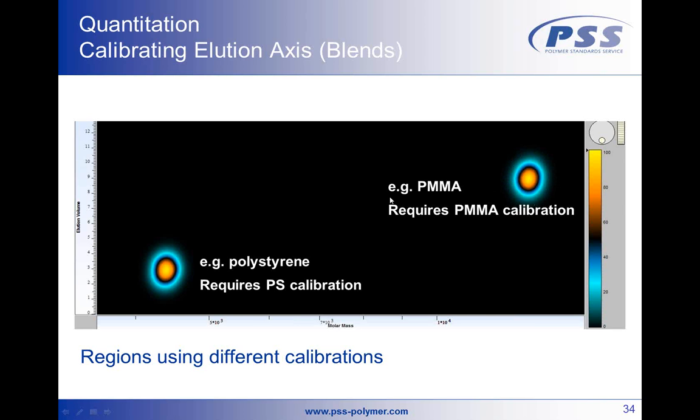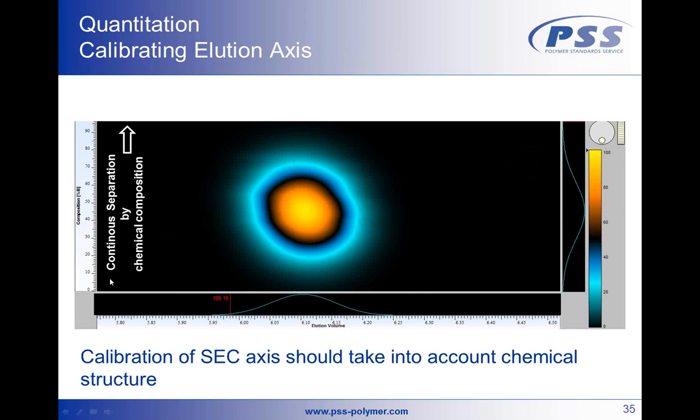What happens, however, if you have a continuous separation, for example copolymers, which range from 100% polystyrene up to 100% PMMA? In that case, I have this very nice or ugly peak, and now I would like to have a calibration curve at the beginning for polystyrene, and in the end a calibration curve for the PMMA.